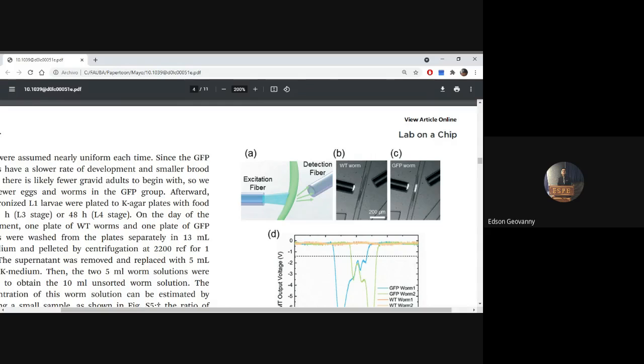The schemes indicate when a worm expressing green fluorescent protein passes through the optic region. Fluorescent light is detected in the optic region. In figure 2b, a wild-type L3 worm, and in figure 2c, an L3 worm expressing green fluorescent protein passes through the optic region.